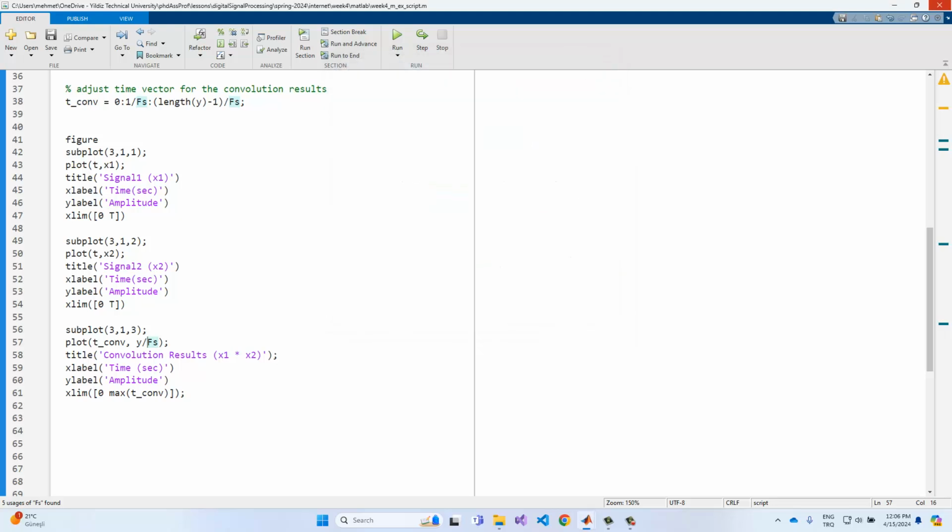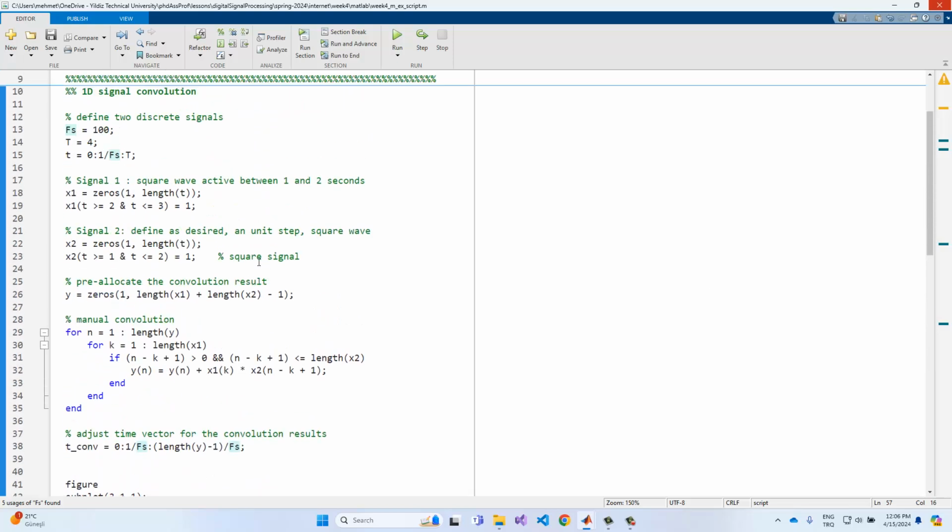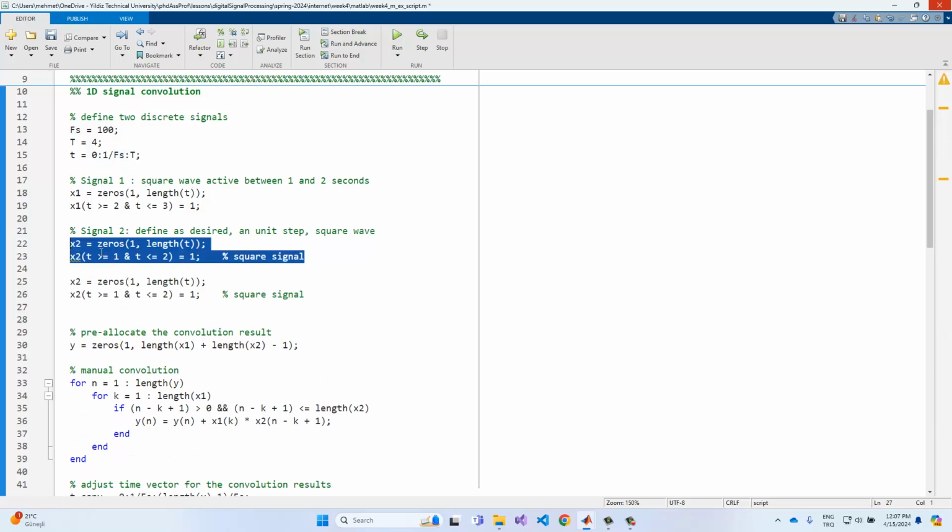For example, if we have this information, then we can create another pattern in here. We can define the new x2 signal in here. For example, at t equal to 0, this is the impulse signal, okay.